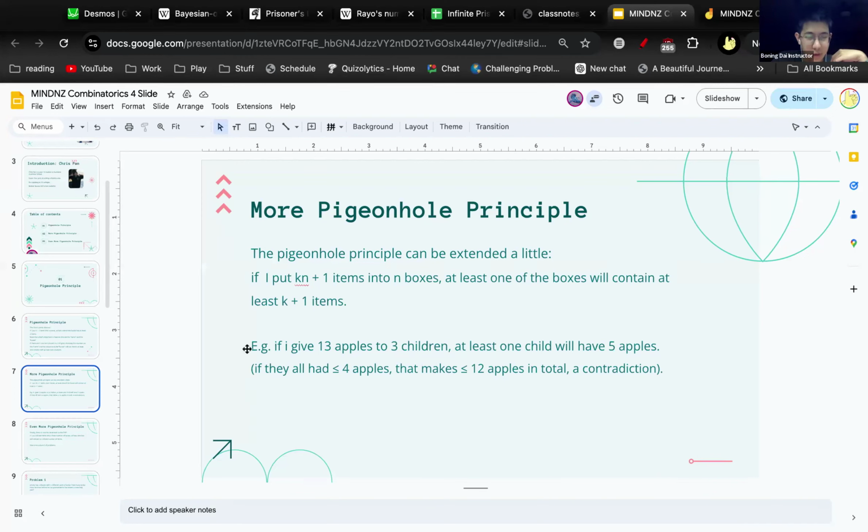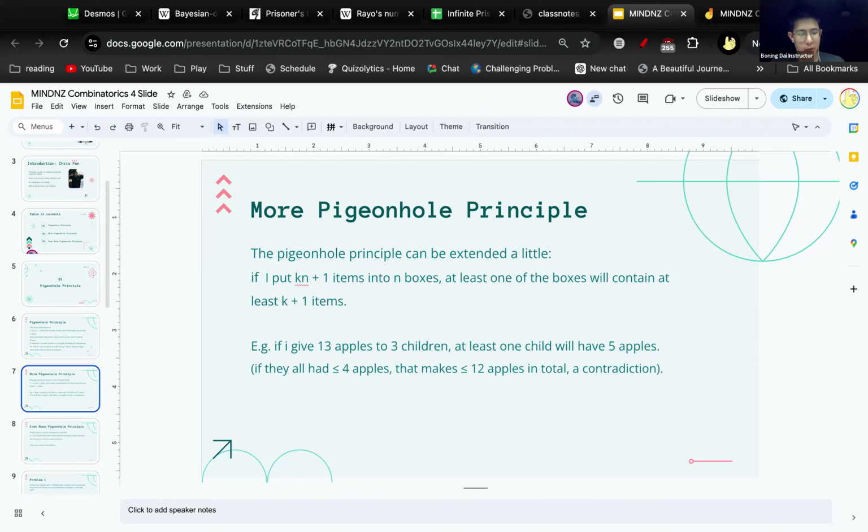The example below demonstrates that if we have 13 apples and 3 children, well, 13 is equal to 12 plus 1, and 12 is equal to 3 times 4. So there's 4 times 3 plus 1 items, and the children can be the different boxes or categories.